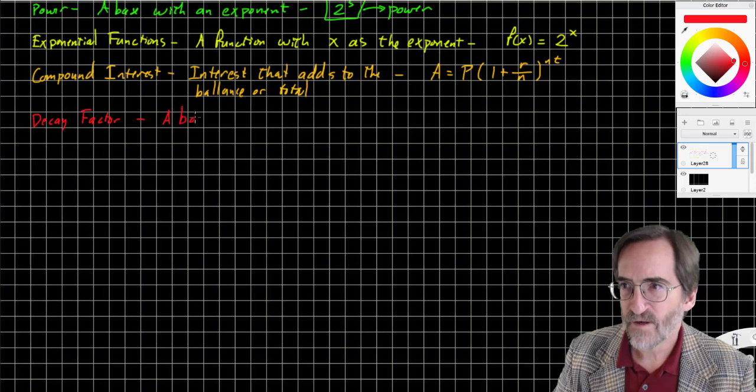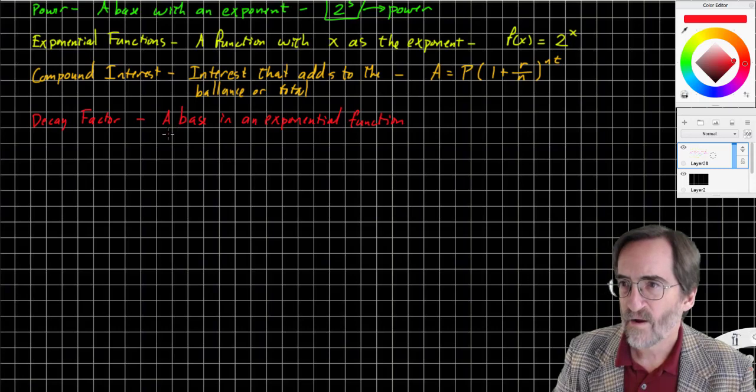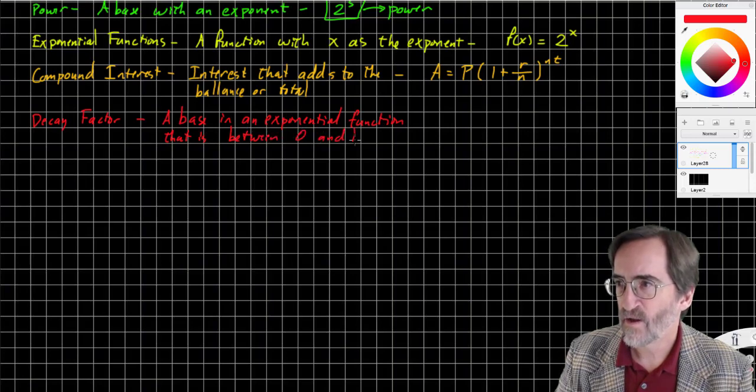Decay factor. A base in an exponential function that is between 0 and 1.